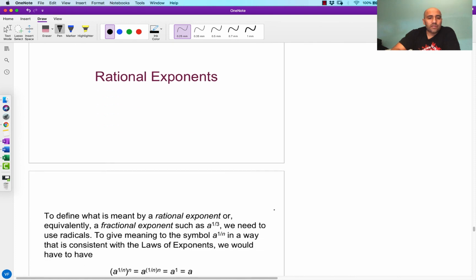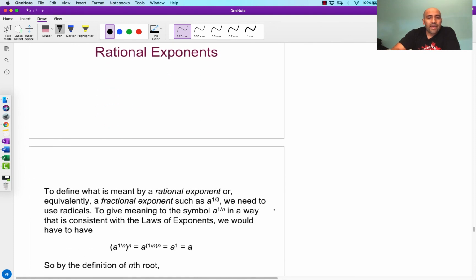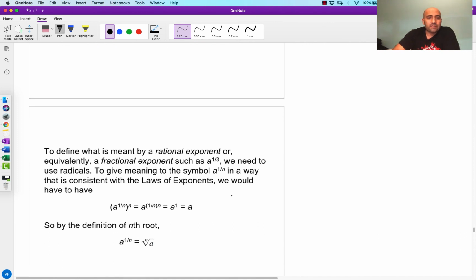Okay, so rational exponents. Almost done with this section. Back to having this fraction in the exponent. So let's think about what it means to have a to the power of 1/3. What does it mean to have a to the power of 1/3? Well, if we raise it to the power of 3, then we know from our work with exponents that this must mean that it's a to the power of 1/3 times 3.